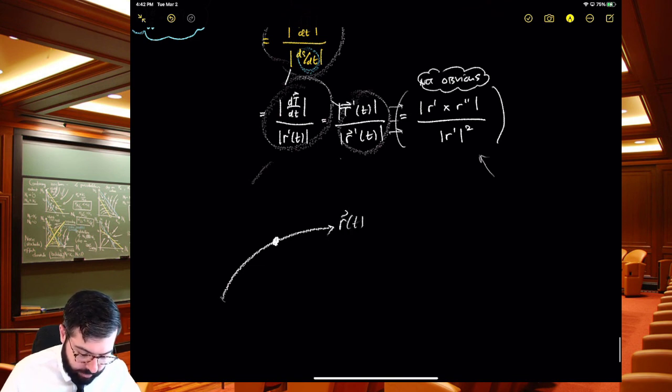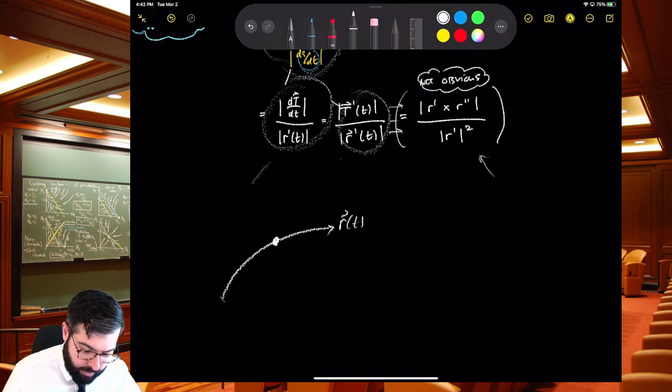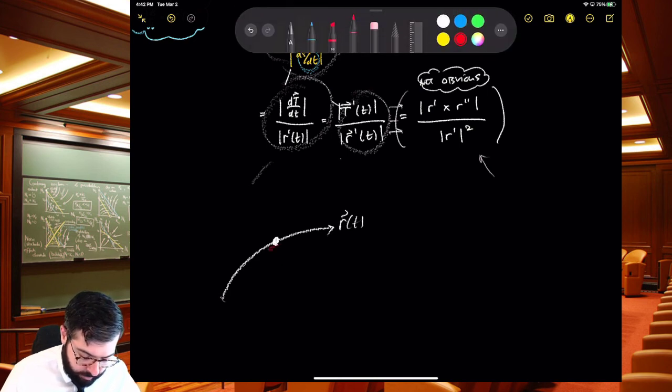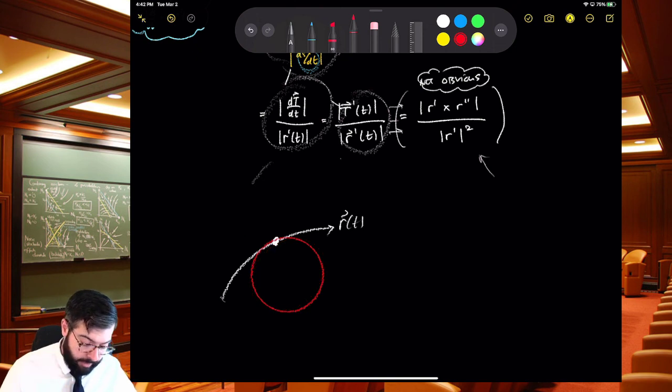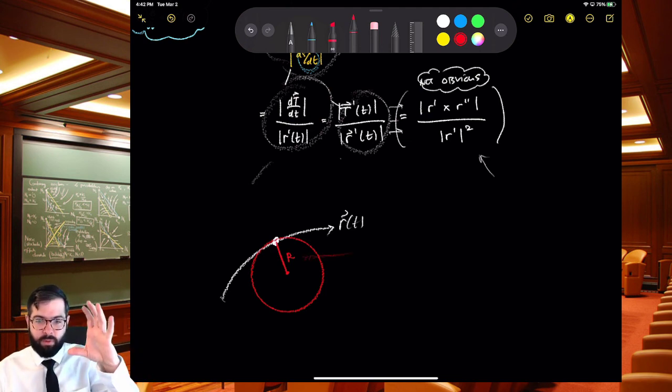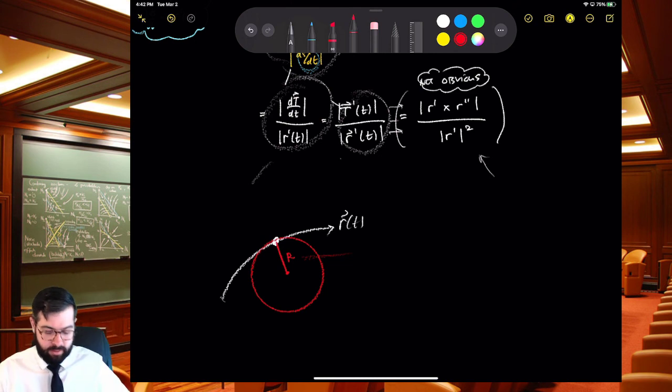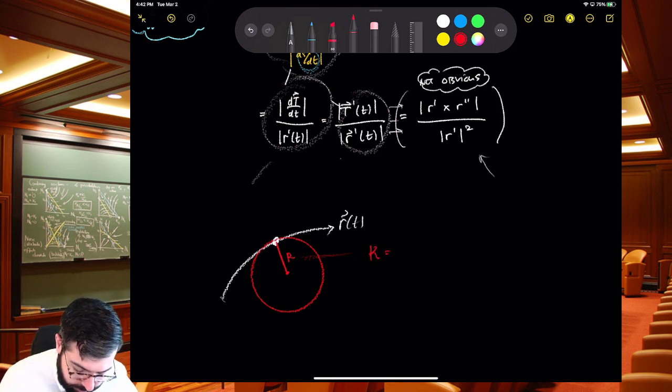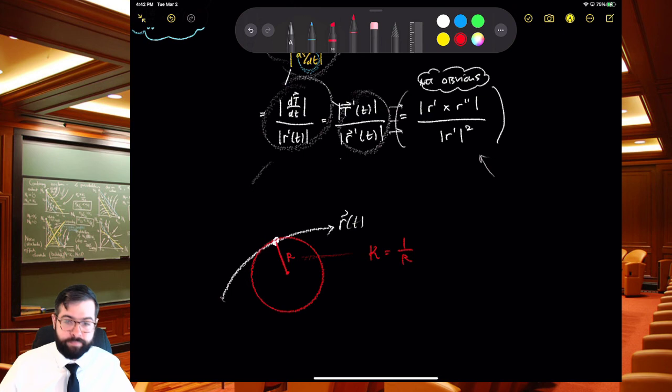We're measuring how curvy something is right here. The curvature is some index, and it's related to this radius here. This is what we call the radius of curvature, that circle of best fit, quote unquote. And so kappa is 1 over r. It's another way to think about it.